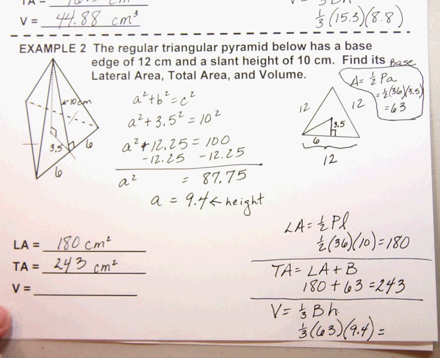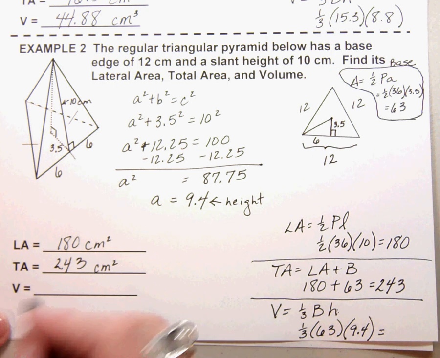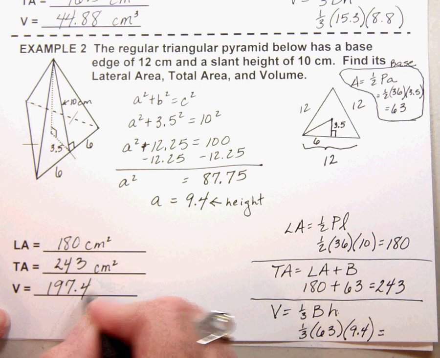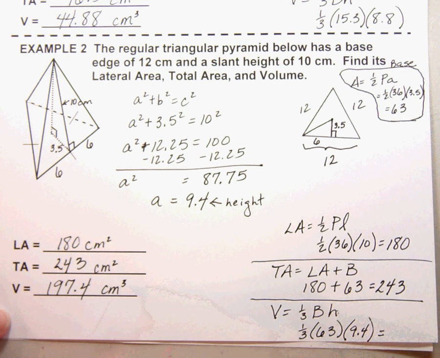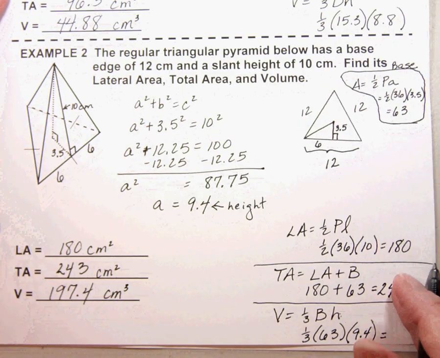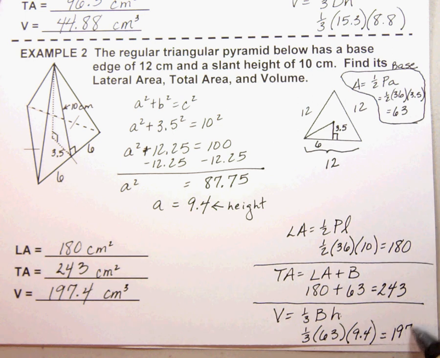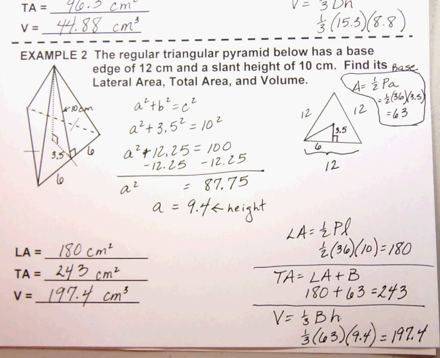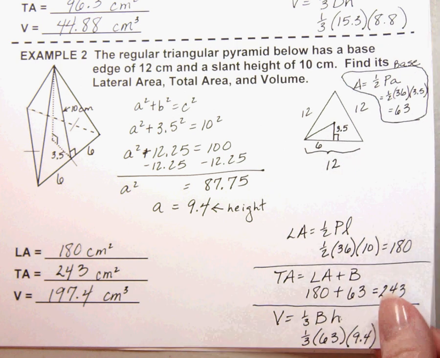And 1/3 times 63 times 9.4 is 197.4 cubic centimeters. Oops. 197.4. Okay, you might want to spend some time looking at that one. Let's move on to example 3.